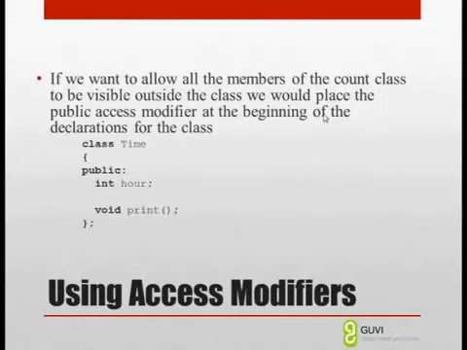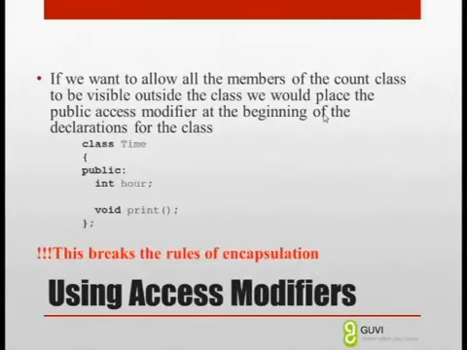How to design this better is to keep the data private and give setter and getter functions to access it. And you may ask, what's the difference between setting like this and keeping it in public? Using a setter, I can have control. For example, if I set 4500 hours, it will not work.